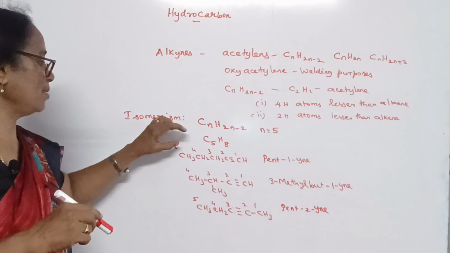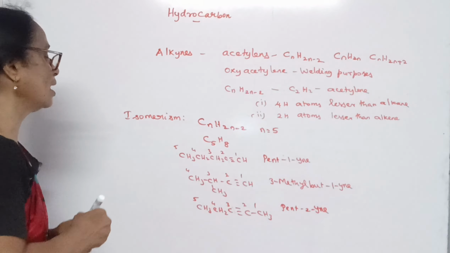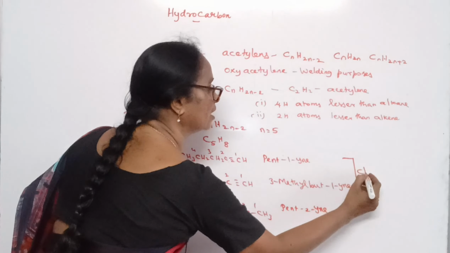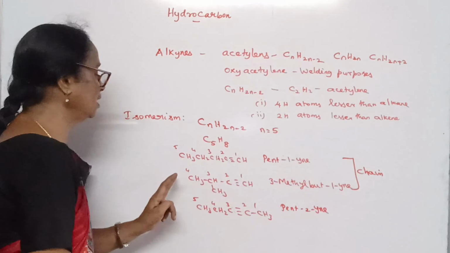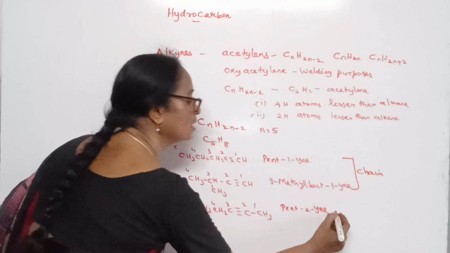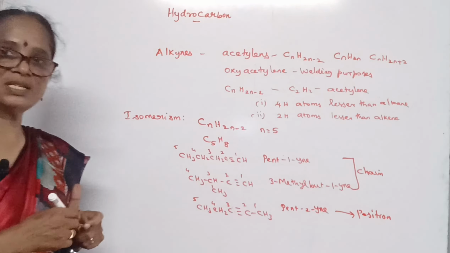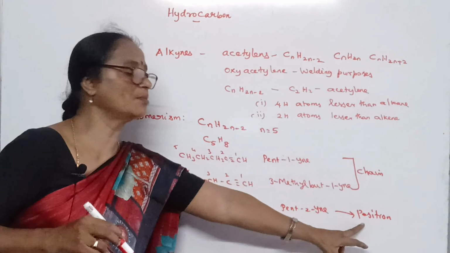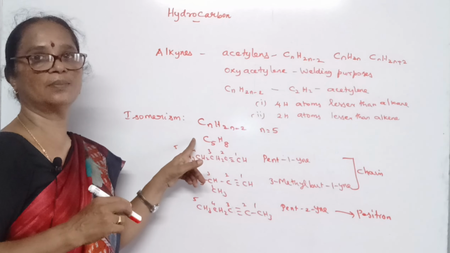So for the same given molecular formula, we can write the possible isomers. The first two differ in their length of chain, so that makes chain isomerism. But the second one is a position isomer with respect to the first one, so this shows a position isomer of the first two. So similarly, we can write the possible number of chain isomers and position isomers for the given molecular formula.